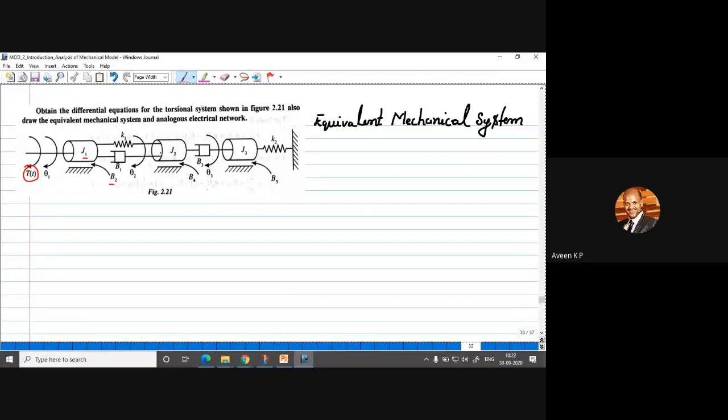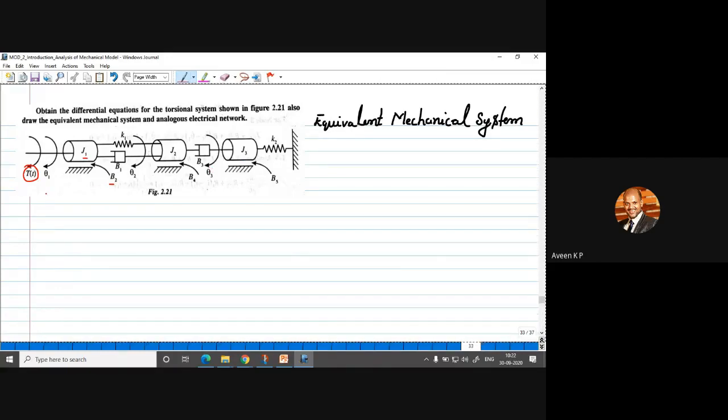Similarly, J2, B4 will undergo the angular displacement of theta 2, whereas B3 acts as a common element between theta 2 and theta 3, and B5, J3, K2 undergo purely theta 3.